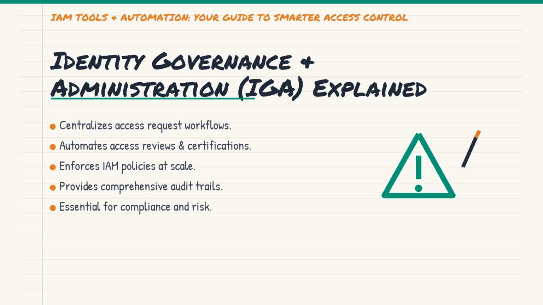They're designed to bring order to the chaos of managing identities across potentially hundreds of applications. For instance, when a new employee joins, IGA can orchestrate the creation of their accounts and grant them the baseline access needed for their role, all based on predefined policies.